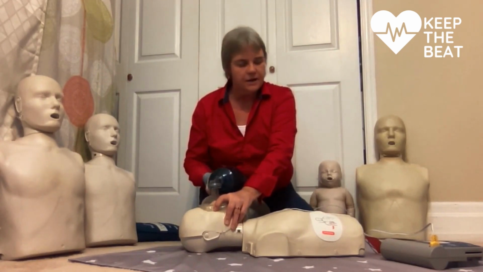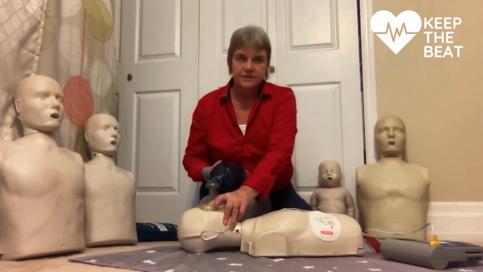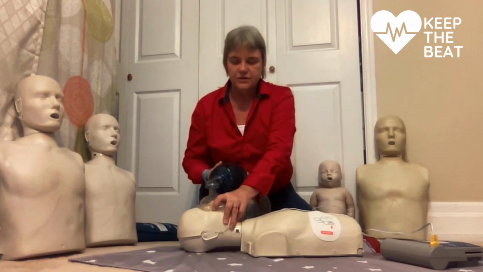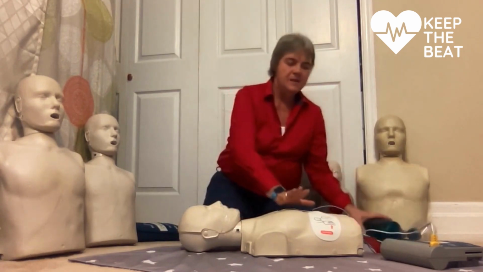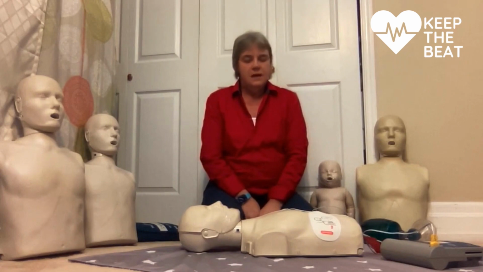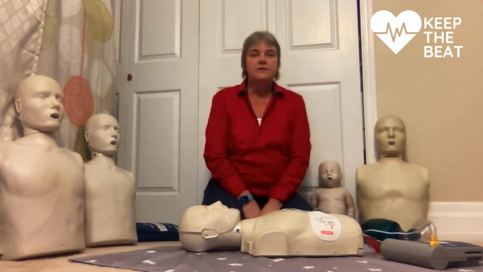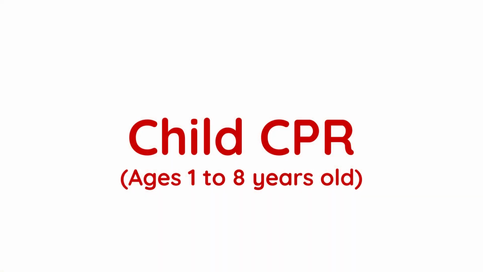That extra air will then come back up, go down into the esophagus, and we will cause gastric distension with our patient, where they will throw up. So 2 breaths, 30 compressions. 2 breaths, 30 compressions. This will conclude our adult CPR and AED and bag valve mask.